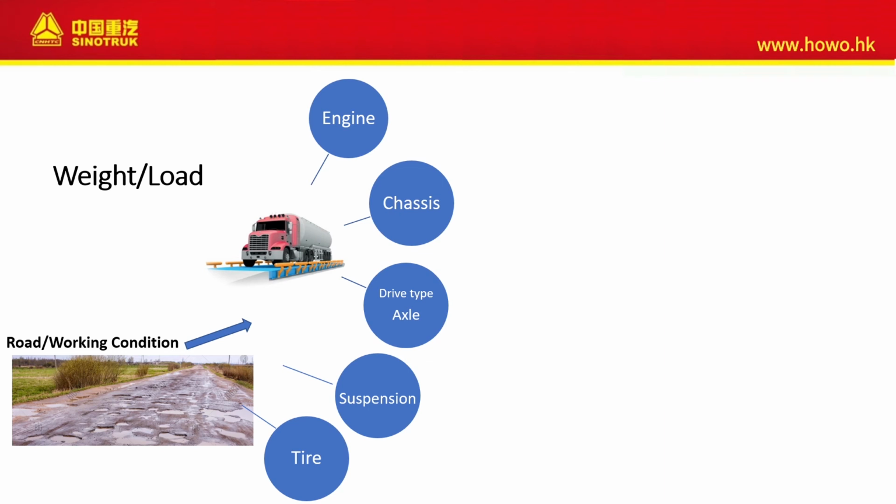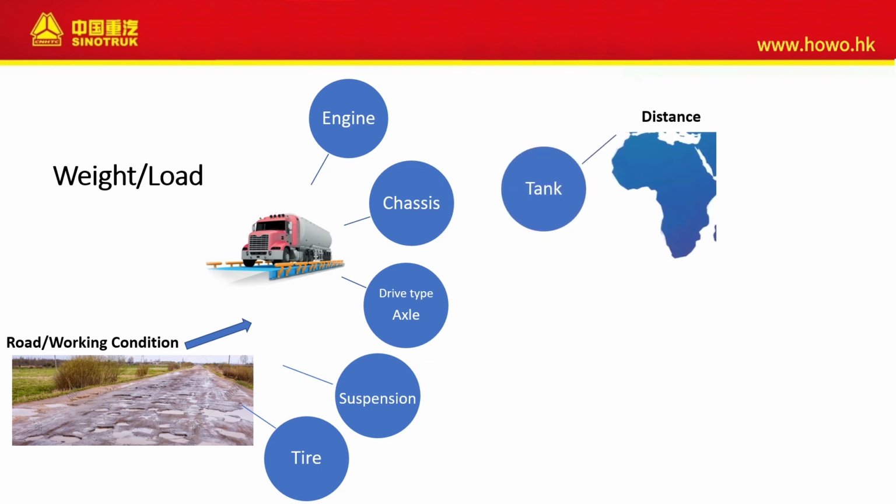And of course, after that, you have to consider the distance you plan to travel with this truck to choose the tank volume, either between 300 liters to 800 liters. Of course, you can have a larger tank if the distance is even longer.